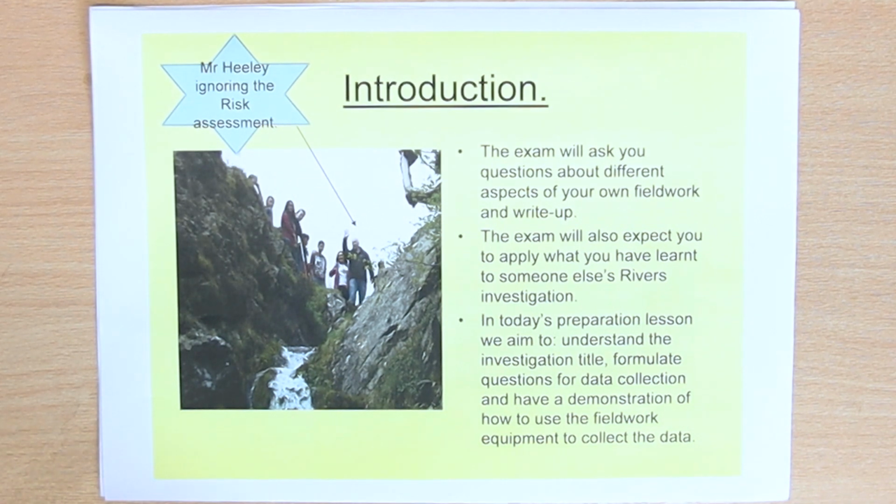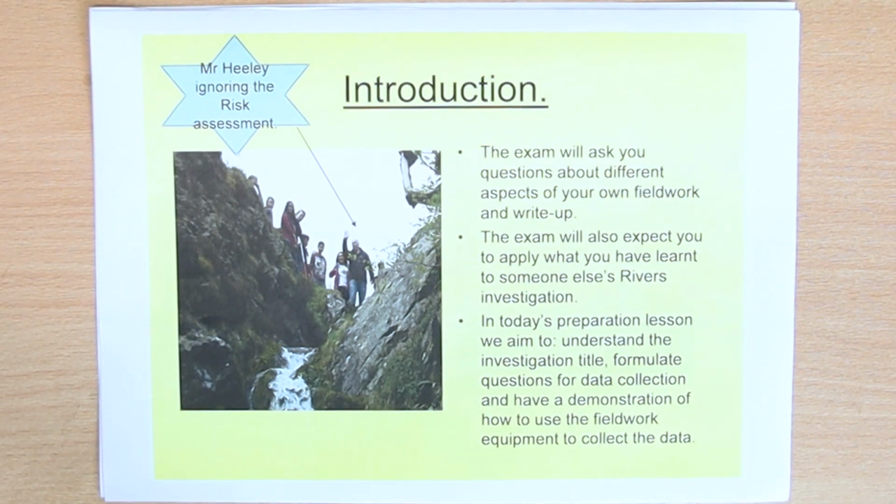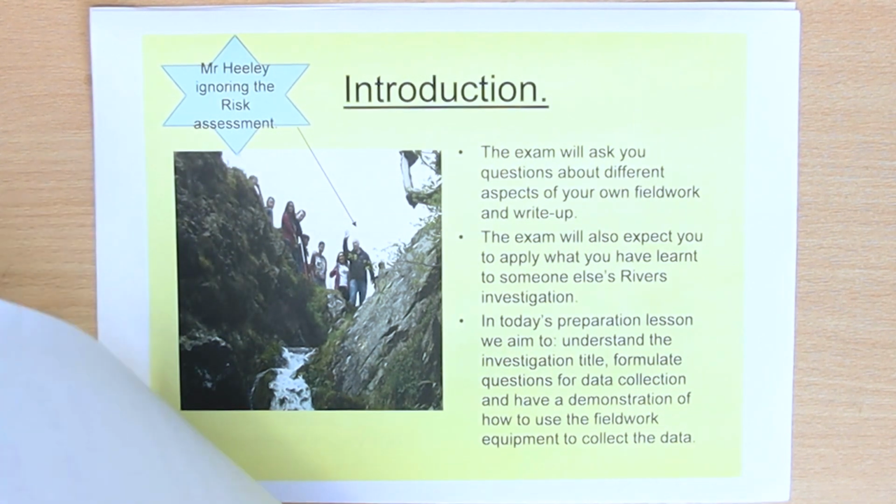You will also be expected to look at somebody else's rivers investigation and apply what you've done to somebody else's field work. Now this clip really will be quite short, but we're going to start looking at the starting point of any investigation, understanding the title, thinking about hypotheses and key questions for investigation, and what a good key question or an inquiry question should look like. Okay?